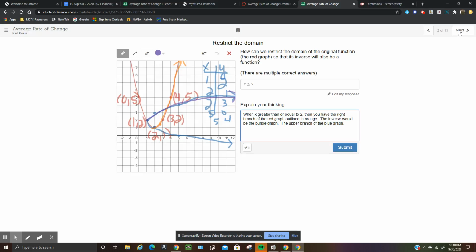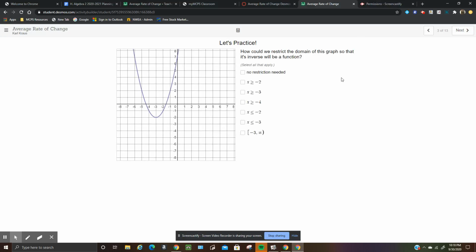So that's slide 2. We went over that in some of the classes before the end of class, so this is a review of that slide. How could we restrict the domain of this graph so the inverse would be a function? You need to go right here.